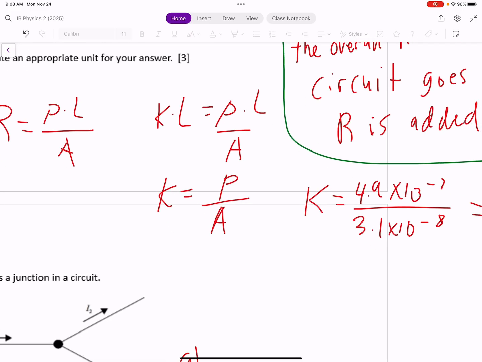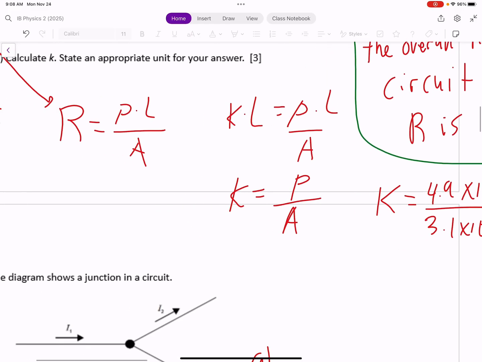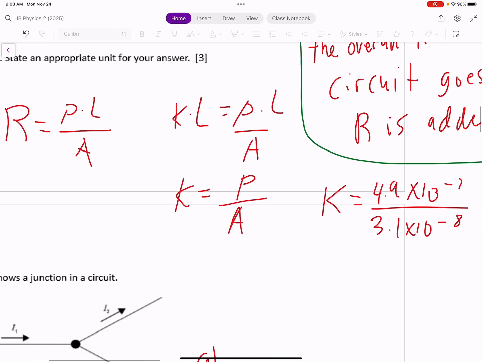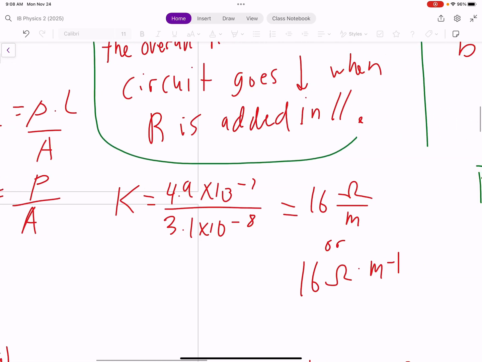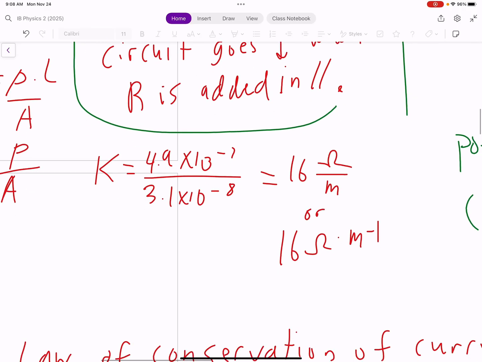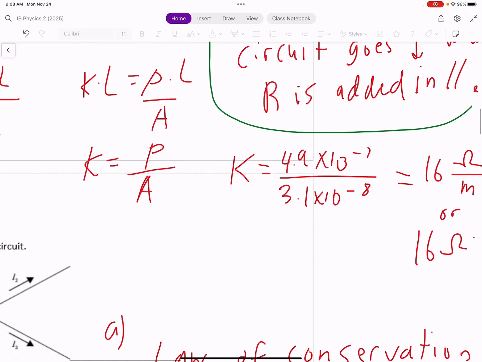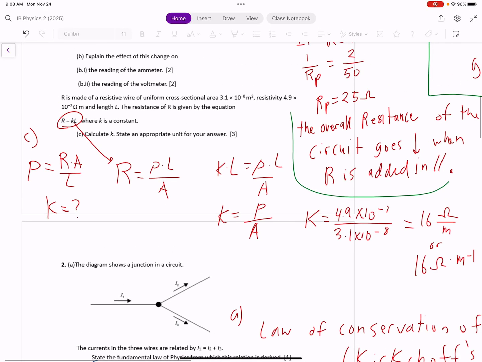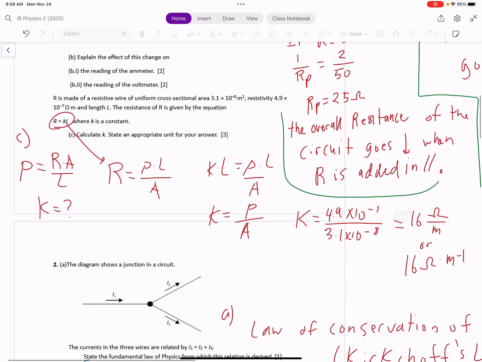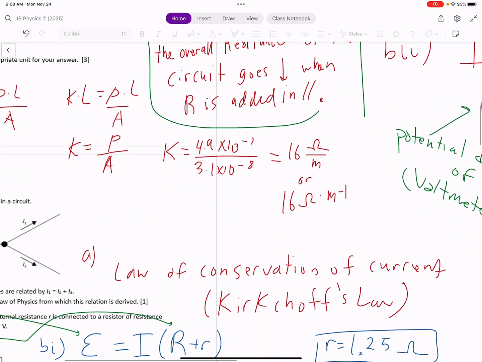K equals the resistivity, by the way, this P is resistivity, over the area. We solve for that, and we get K is equal to 16 ohms per meter. So in a way, what does that mean? 16 ohms per meter means that basically every time you extend the wire a meter, you're extending the resistance by 16 ohms. So it's still a useful constant.